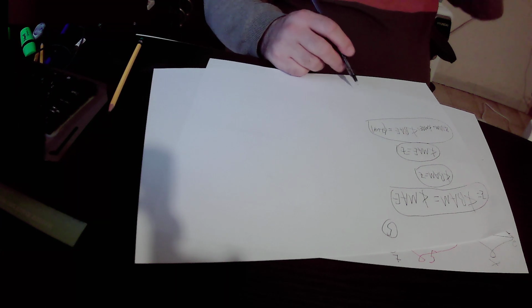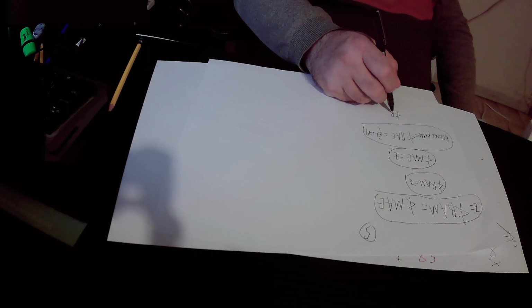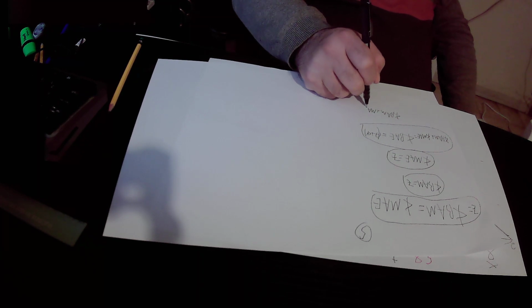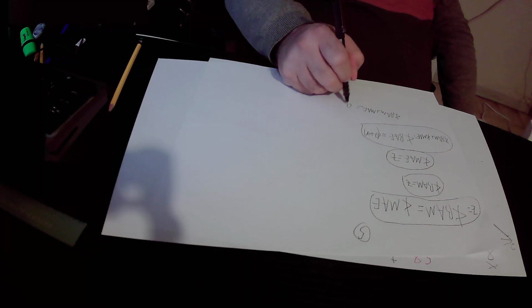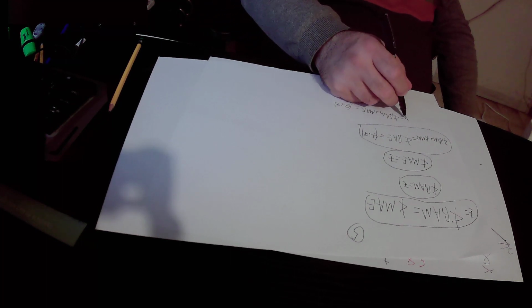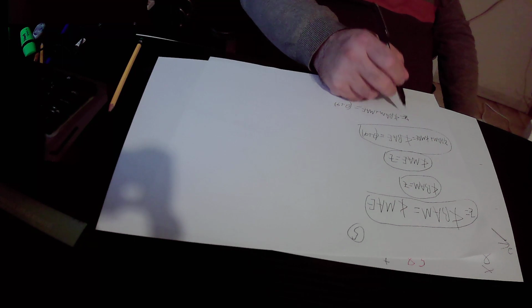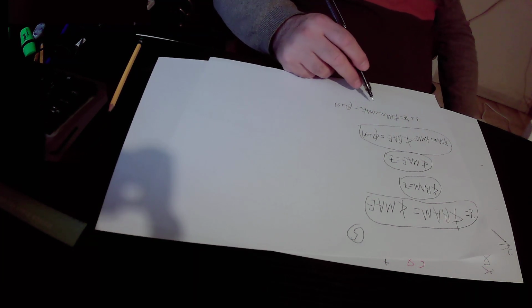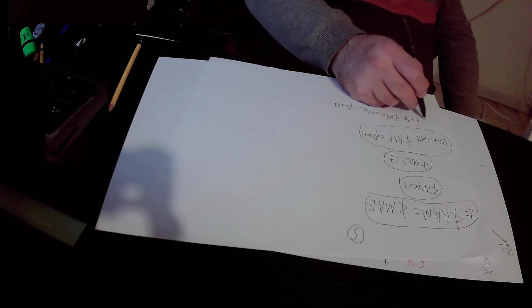So from this equation we'll conclude that angle BAM plus angle MAE is equal to theta plus alpha, but we have already found out that angle BAM equals Z according to our definition, and angle MAE is also equal to Z. That is to say, angle MAE plus angle BAM equals 2Z.